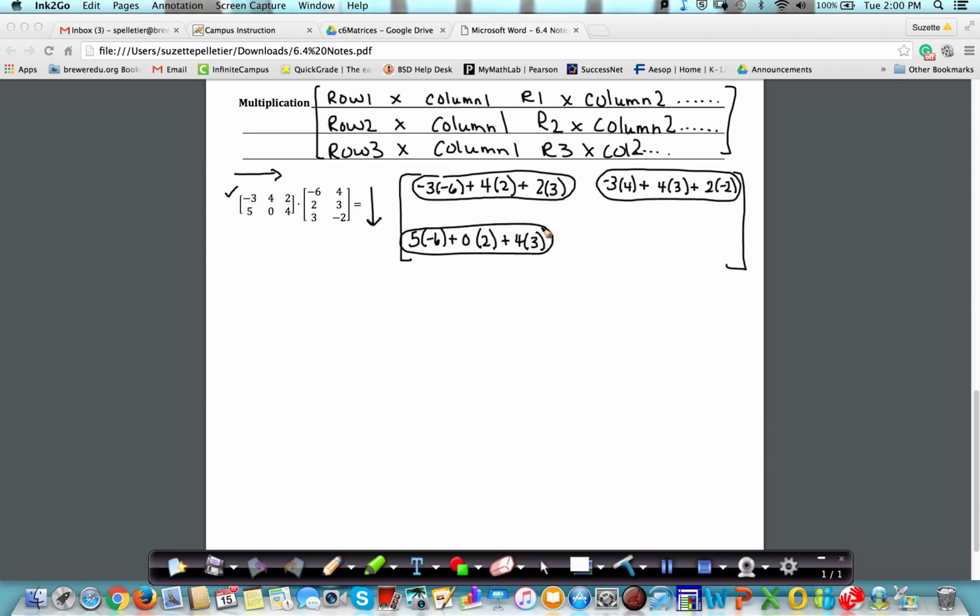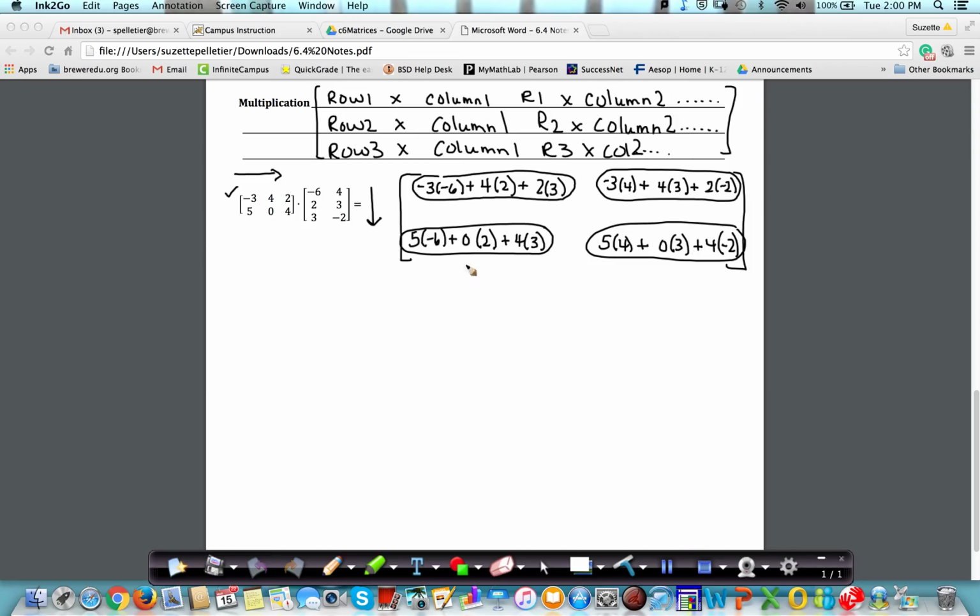Okay, that's going to give me my bottom left-hand element. And then the row 5, 0, 4 times the column 4, 3, -2. So 5 times 4, first item times first item, plus second item 0 times second item in the column 3, plus third item in the row times third item in the column. And that's going to give me my bottom right answer.